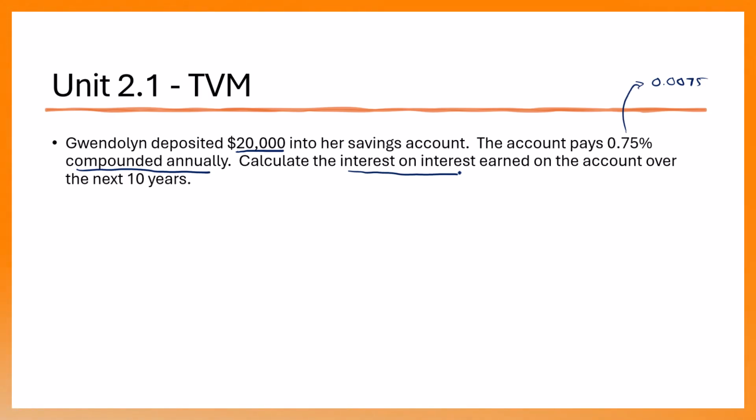To do this, we need a set of formulas. The first formula that we need is total interest. We know that total interest is equal to the future value of that account minus the original present value. Next, we'll calculate the simple interest that was earned on the account using the same formula that we used in the prior example.